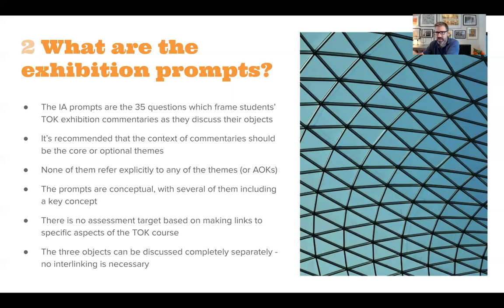Then we're going to do indigenous societies. Then we're going to do knowledge and the knower. If you do that with the intention of them drawing on that specific content when they come to write their exhibitions, I think A, you're going to have designed quite a boring, contrived course. And B, the students are going to be thinking, well, where does it mention what we've been doing specifically? Where does it mention this?